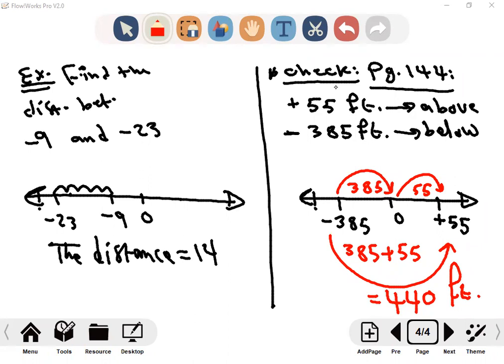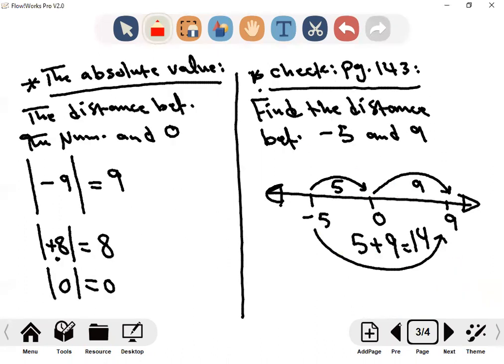Mr. Muhammad? Mister, I didn't understand the number line. This is the number line with numbers. Here is the zero, negative to the left and positive to the right. Look here. Find the distance between -5 and 9.